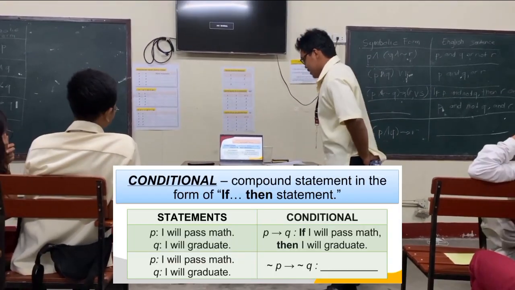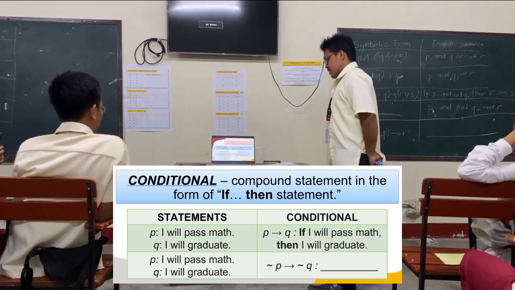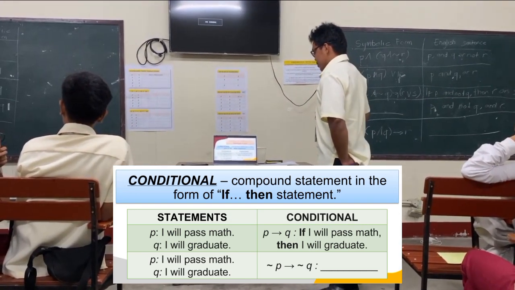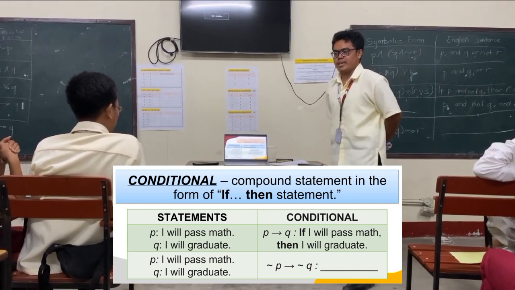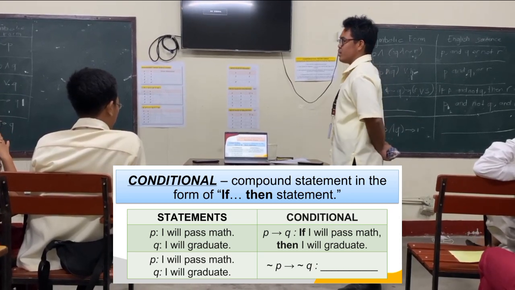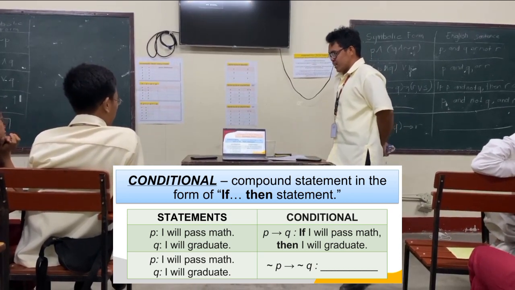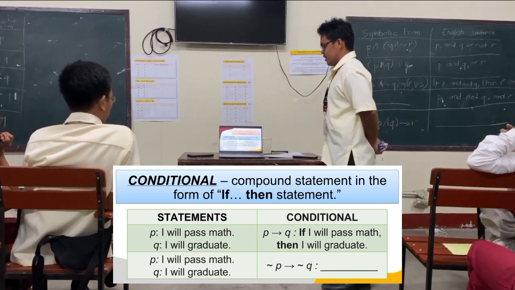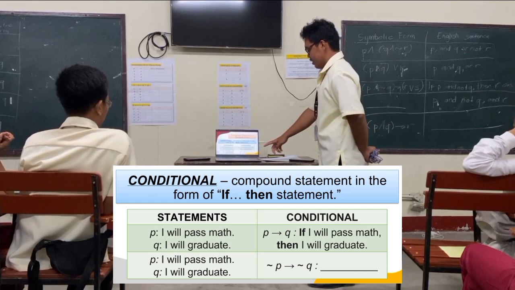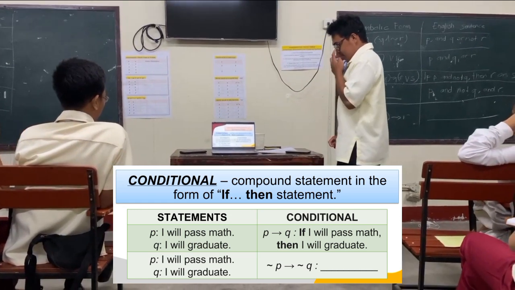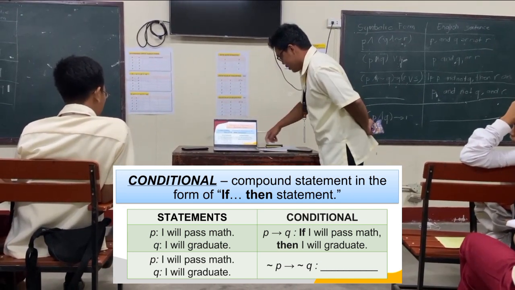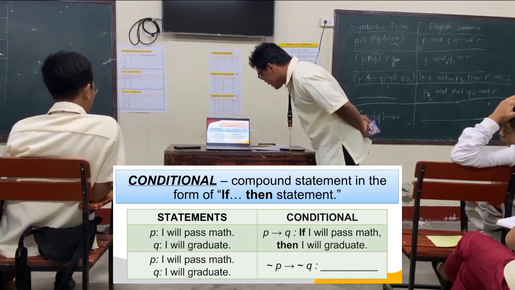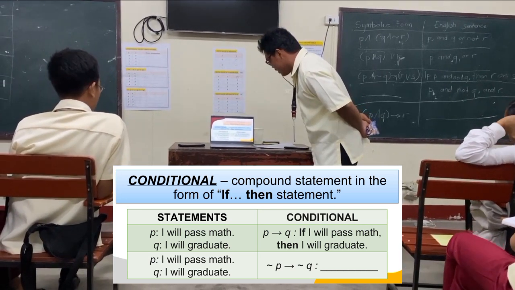Conditional. When we say conditional, it is a compound statement wherein two or more simple statements are connected using if-then. Here is the example: P is I will pass math, then Q is I will graduate.